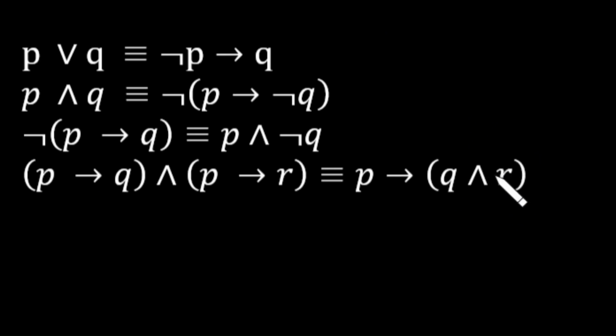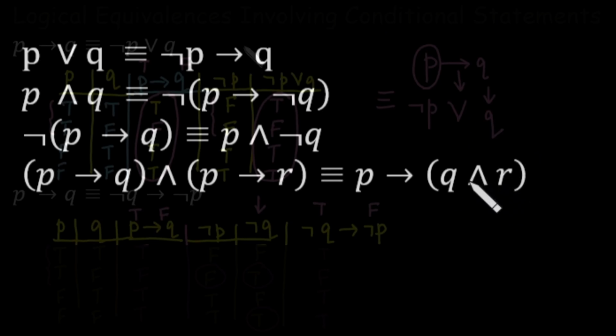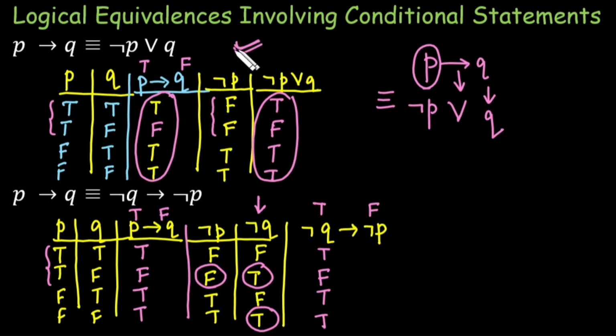The main result in the conditional statement is this. So always remember, when you need to break P implies Q in terms of or and, we always write negation P or Q: not of the first statement or the second statement as it is.